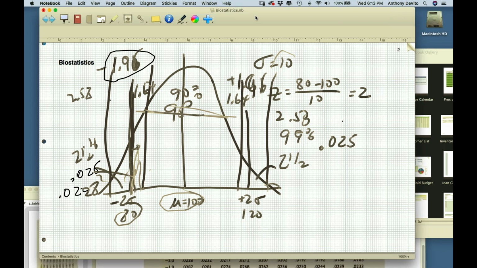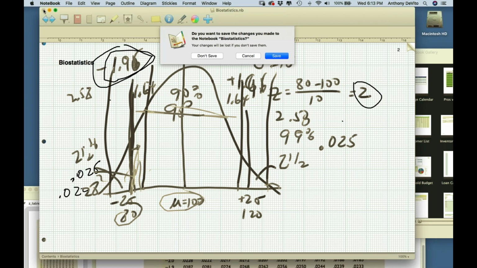In the future, when we talk about 95% of the middle of the population, I'm going to stop talking about it being 2 standard deviations away from the mean. I'm going to continue to talk about it being 1.96 because it's going to be a little bit more precise.